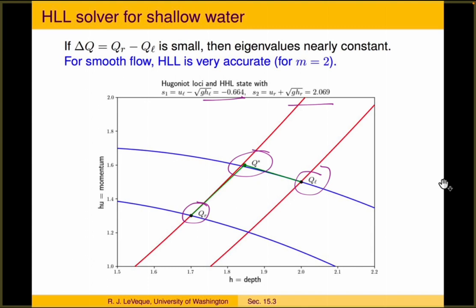There's actually an extension of HLL called HLLC, which I won't talk about in detail, but the C stands for contact, and it's a version of HLL that adds a third wave to represent a contact discontinuity in the very important special case of gas dynamics. And because gas dynamics has this linearly degenerate contact discontinuity wave, it's relatively easy to figure out how you would add a third wave and still make the solver very efficient to implement.